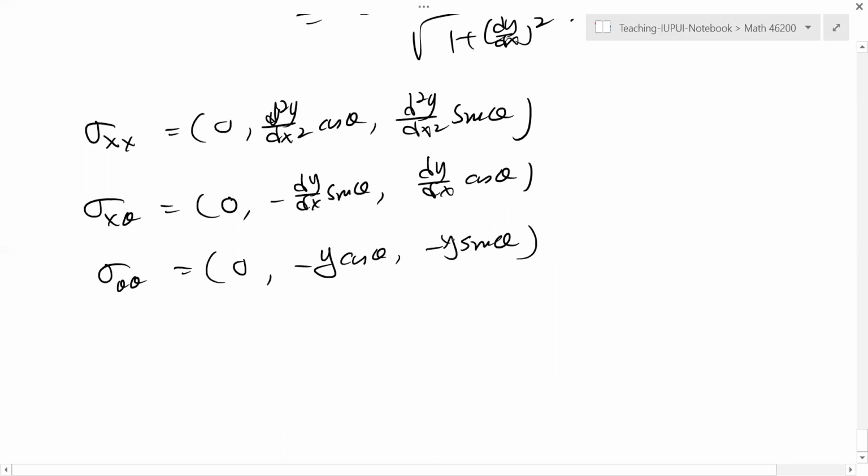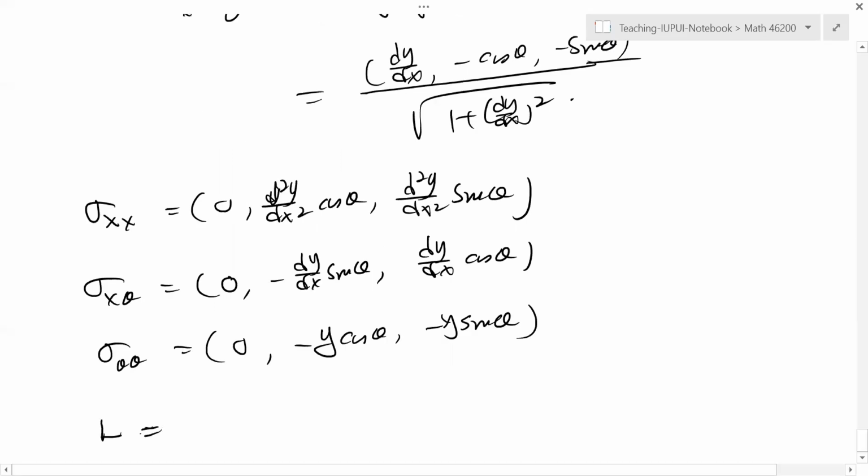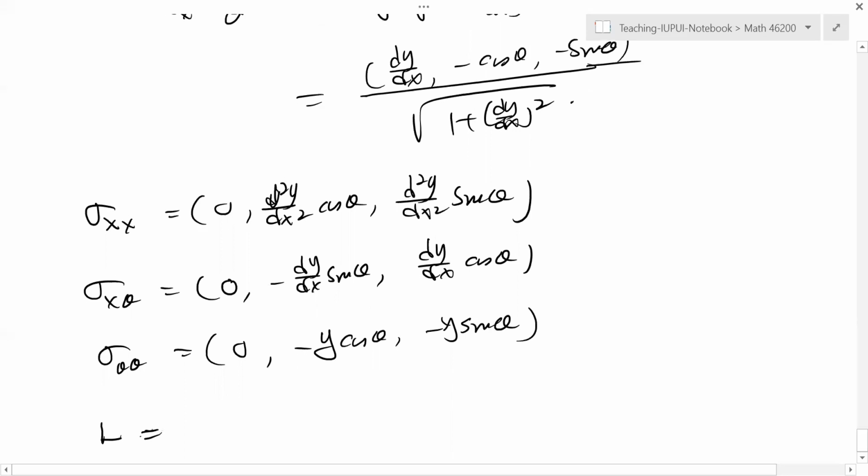That would be, yeah. Okay. So L, M, right? This is a product with this. Yeah, that is going to be cosine squared plus sine squared. Actually, it's going to be negative.